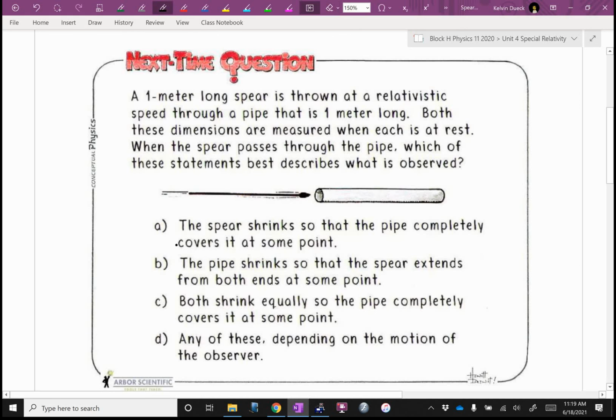The third one, if you see them both shrink, that would be if you were observing from the side and they were both moving at relativistic speeds, you could see that at the same time. Do you notice I keep saying at the same time? How is that possible? Because time is moving differently in all three of those situations. And so situations that person A sees happening at the same time, person B would not see happening at the same time.